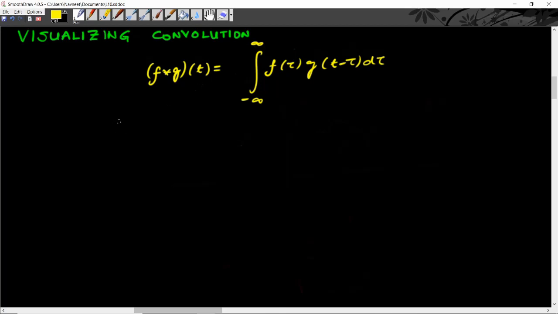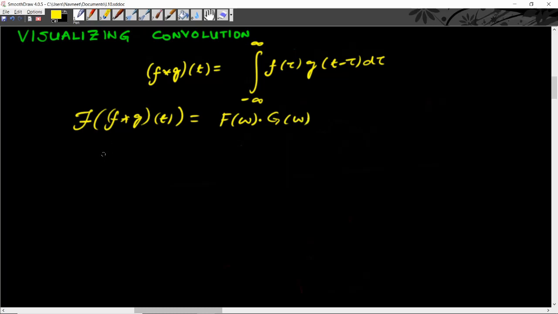And we've also seen that the Fourier transform of convolution of two functions is simply the product of the Fourier transforms of those two functions.